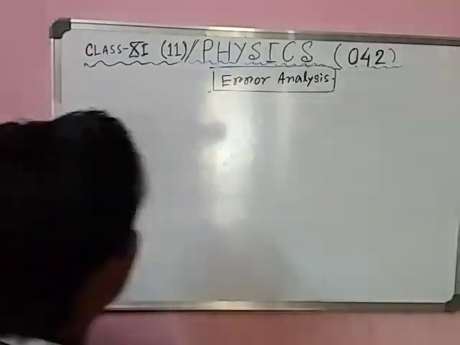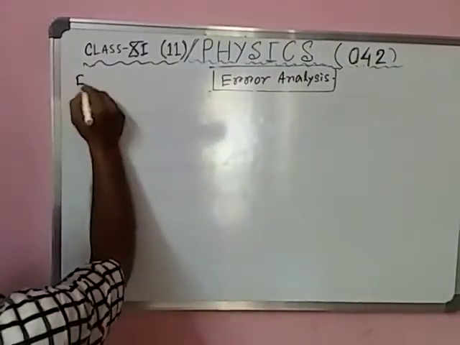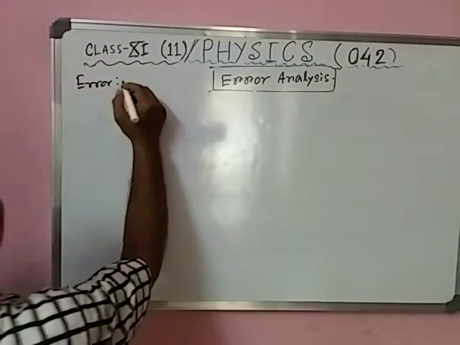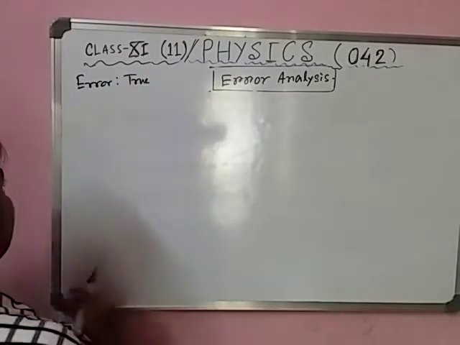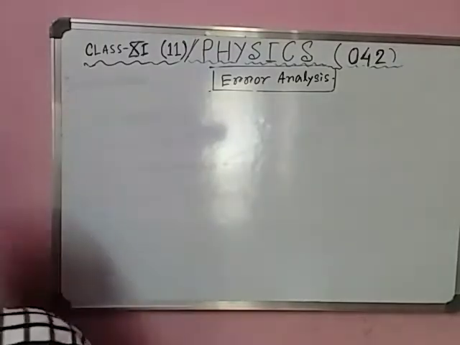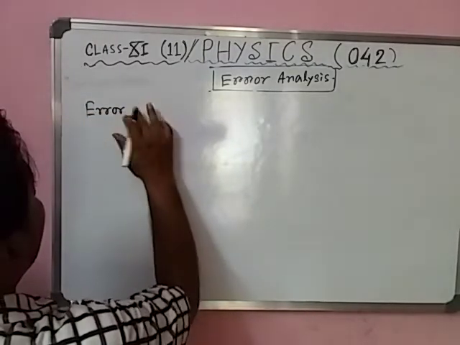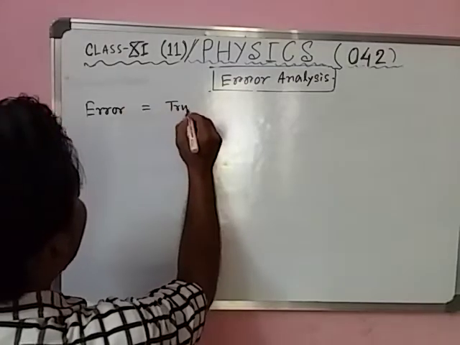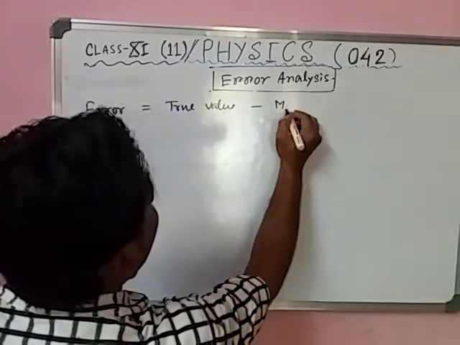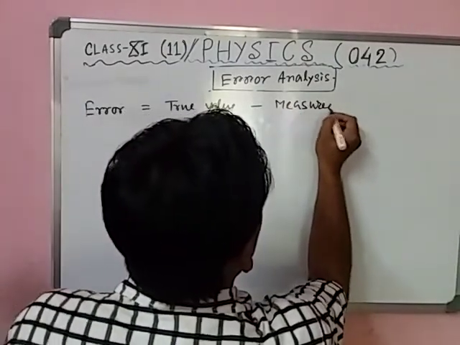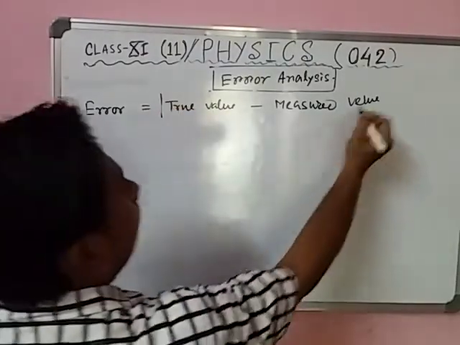First of all, what is called error? Please note down: error means true value minus measured value.